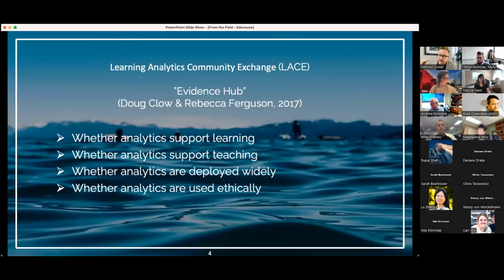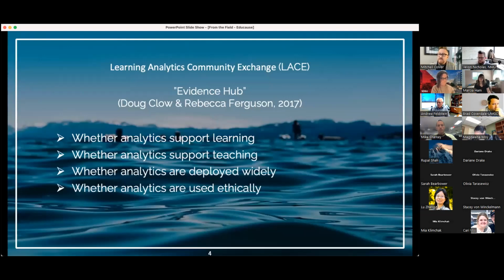Whether or not analytics support learning was an unanswered question from their standpoint. They said, look, we've got to know: is there evidence that analytics support learning? Whether analytics support teaching, we want evidence for that. Whether analytics are deployed widely, and whether analytics are used ethically.